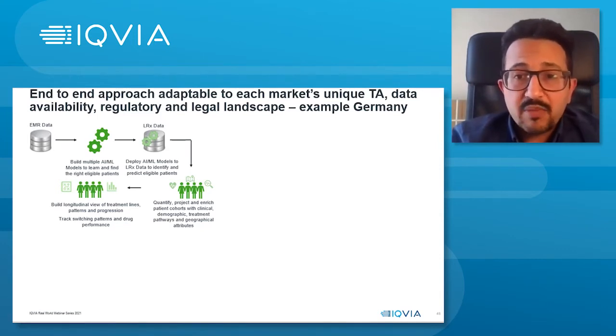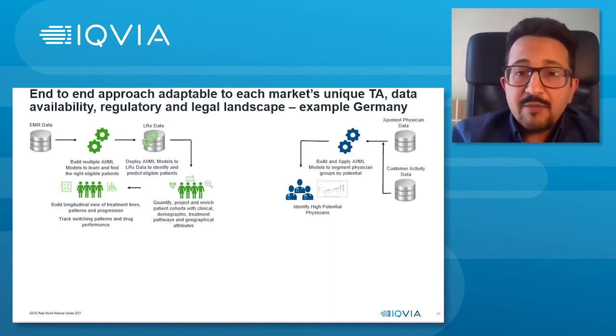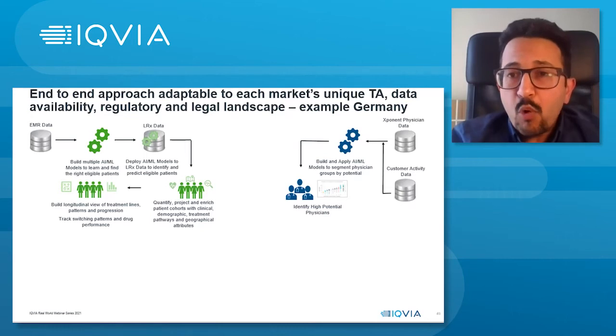Once the model has been applied and we have identified focused patients, we further enhance the analysis by building a longitudinal view of the patient treatment patterns, applying custom rules, and building their profiles. In parallel, we also develop models to identify physicians of interest.